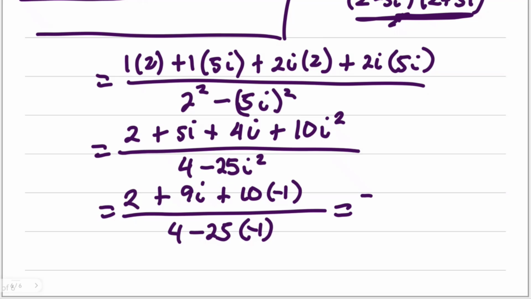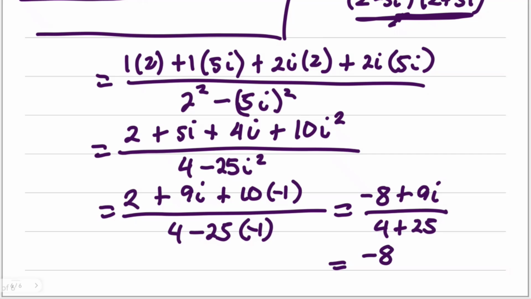So you have minus 8 plus 9i over 4 plus 25, which will give us negative 8 plus 9i over 29. As you can see, our denominator is a real number, no longer containing the imaginary unit i. So this is how we divide, or get the quotient of, this expression.